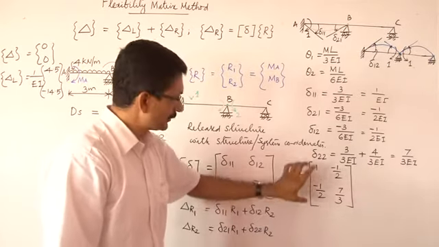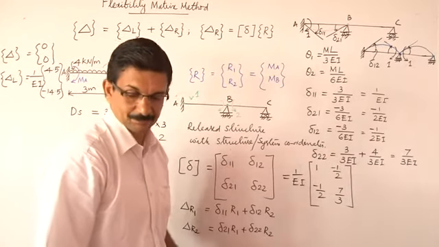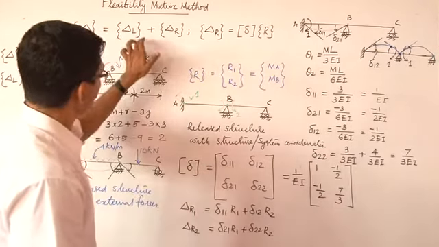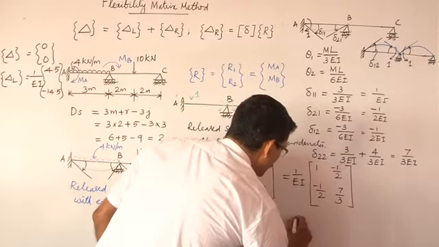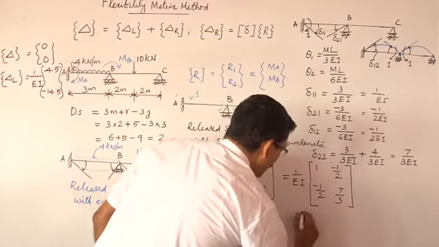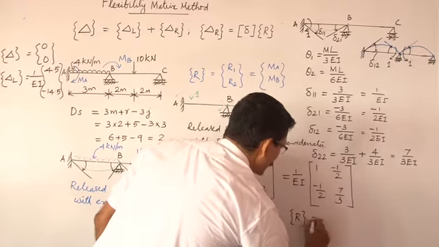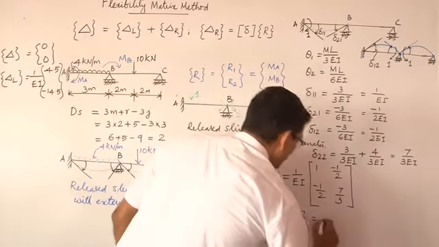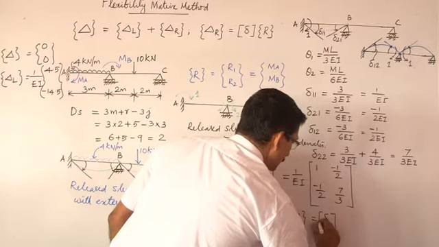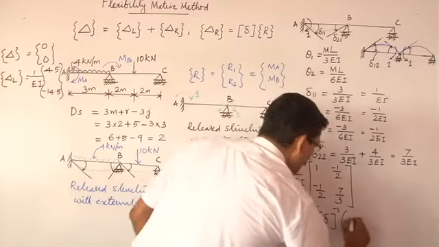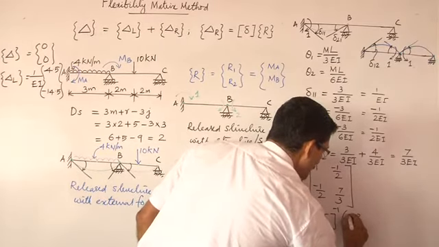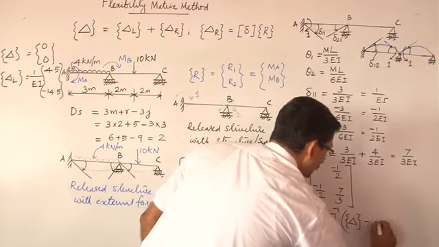We can observe that this matrix is a symmetric matrix. Now, solution of this equation will be like, redundant forces R is equal to delta inverse within brackets this delta vector minus delta L vector.